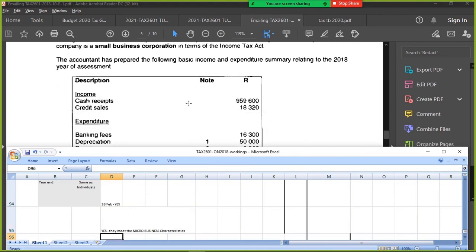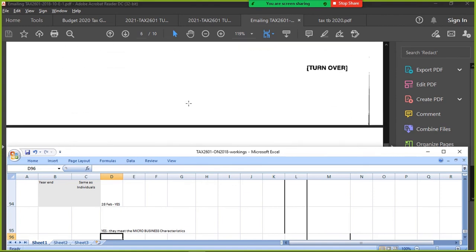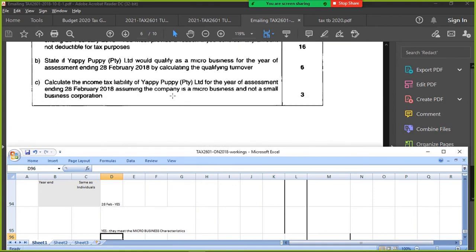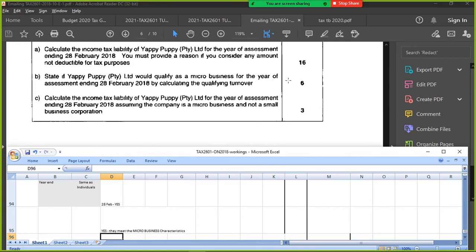All right, and then the last bit is just to do the calculation for it. So if you were looking at micro, there's 6 marks, 6 marks for the 6 points. Because that's theory. I don't think you'll get a question like that if they're telling you that it's all application.